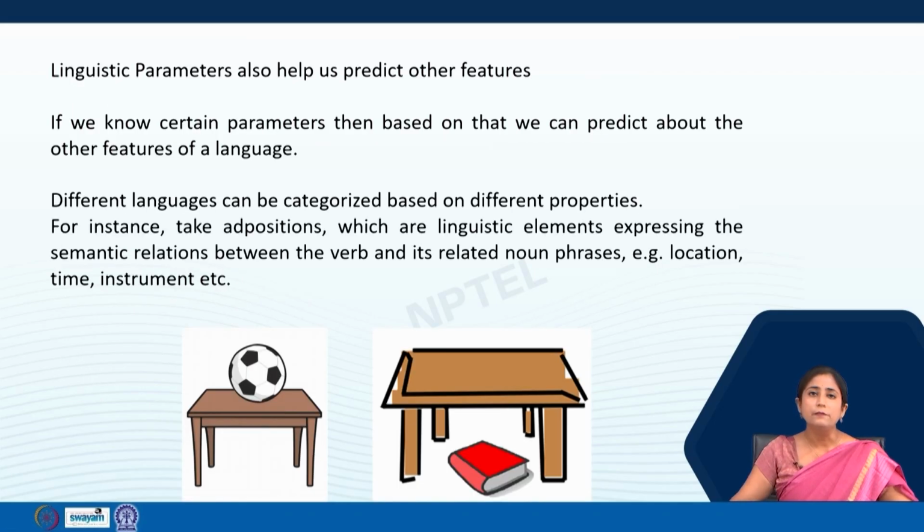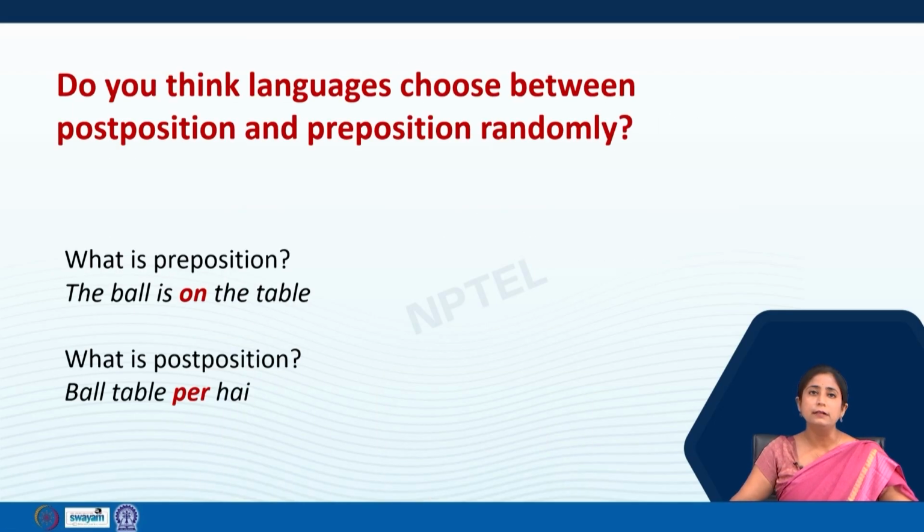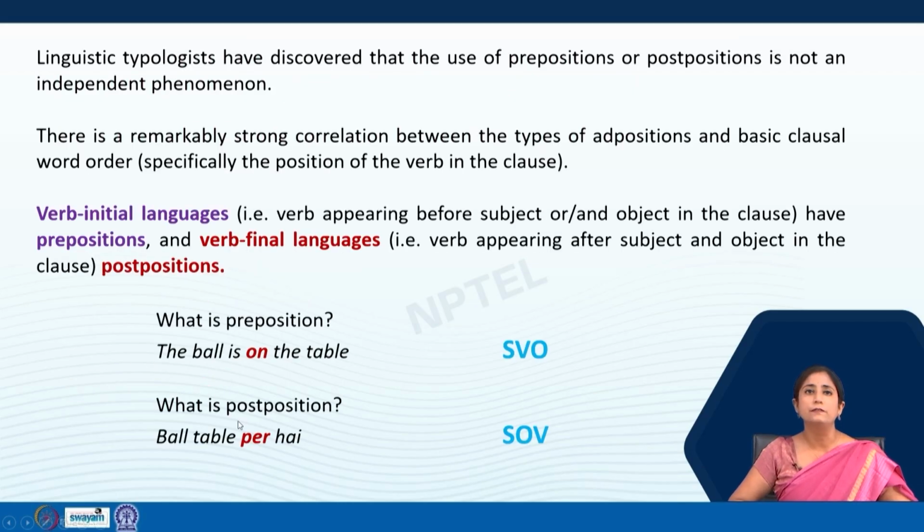Now if you look at the word orders of these sentences, you will see that in English we follow SVO, so subject, verb, object, right? Is is the verb here. So we can see that the ball, the subject, is followed by the verb is, and then followed by the object, on the table.